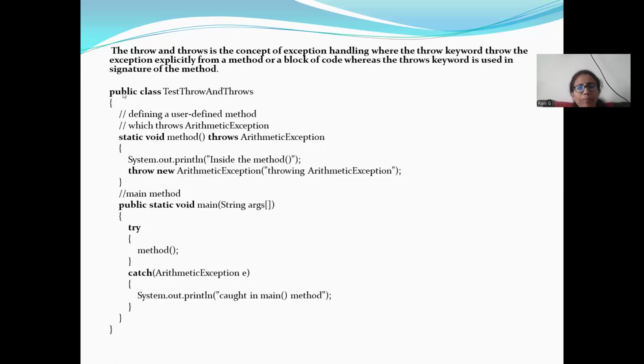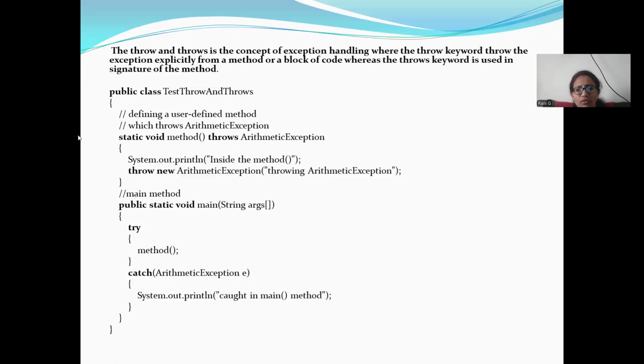See in this program, public class, name of the class, we have defined a user defined method which throws arithmetic exception. See, this is a method, static void method. Here we are using throws arithmetic exception for the method signature. So this is the method signature. We are using throws arithmetic exception.